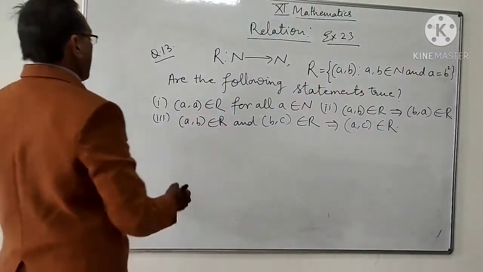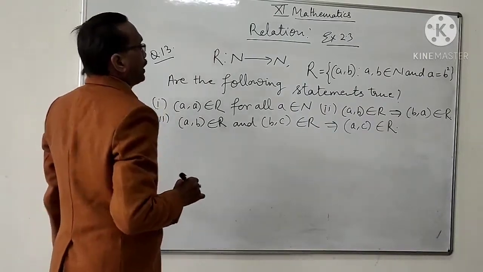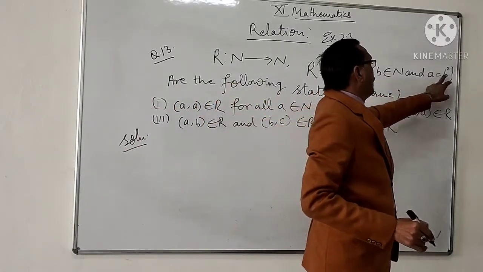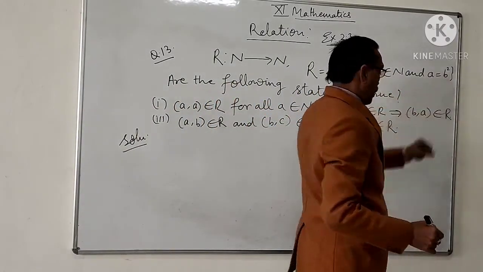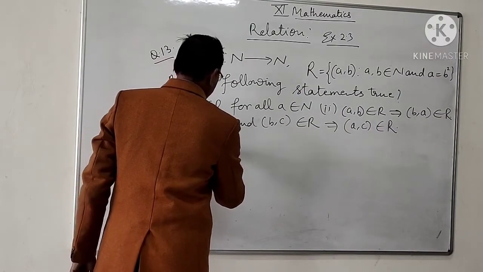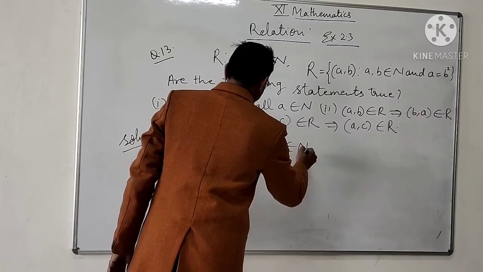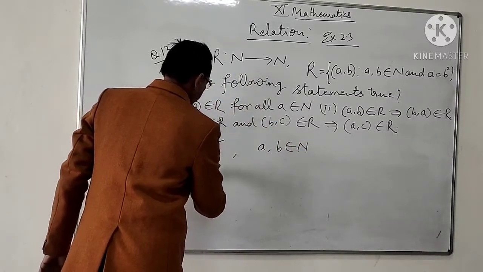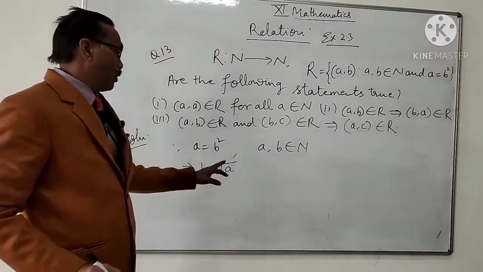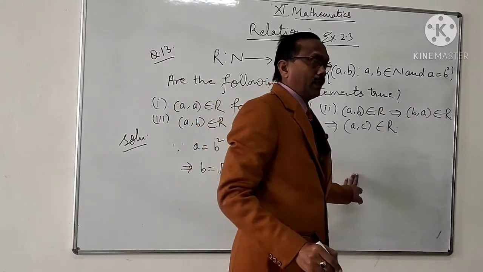Student, let's take all the parts one by one. Here A is a natural number. Since A equals B square, and A and B are natural numbers, this implies that B equals root A. Now, not all the roots of natural numbers are natural.